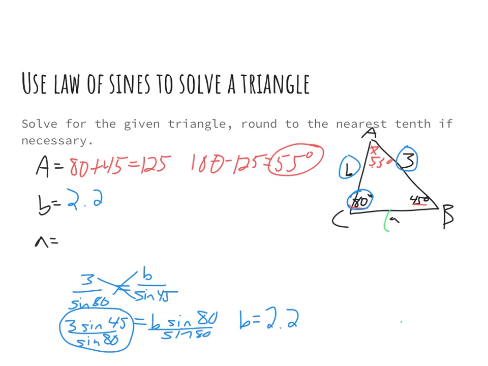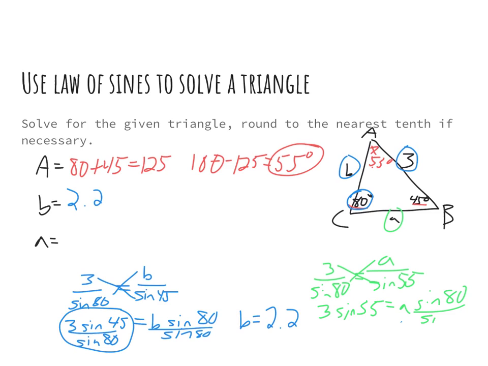Now for A, I use the same reference fraction, 3 over the sine of 80, and set it equal to A over the sine of angle A, which is 55. Again, I cross multiply: 3 times the sine of 55 is equal to A times the sine of 80. Divide both sides by the sine of 80.